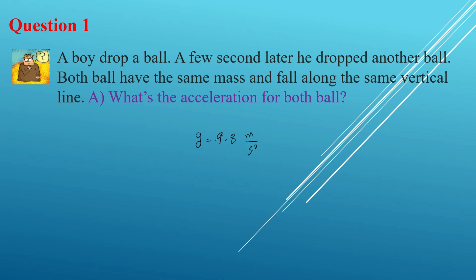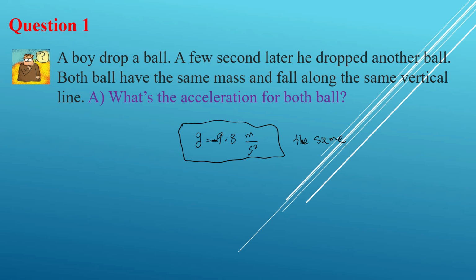I would like to say it as a negative here. Then I can say they both have the same acceleration, so my answer is going to be the same, because the gravity is the same, and it's going to be minus 9.8 meters per second squared.